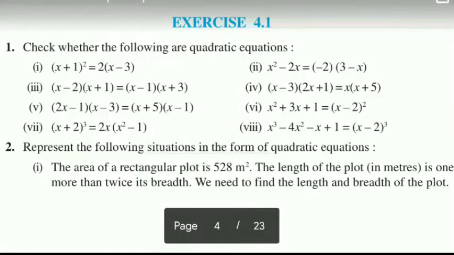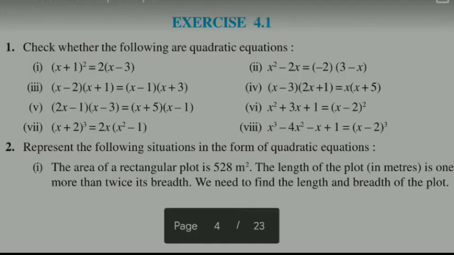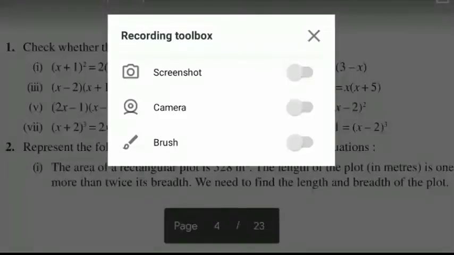In Exercise 4.1, it is given to check whether the following are quadratic equations or not. The first question is (x + 1)² = 2(x - 3). Directly we cannot see whether it is a quadratic equation or not, so first we need to solve it.